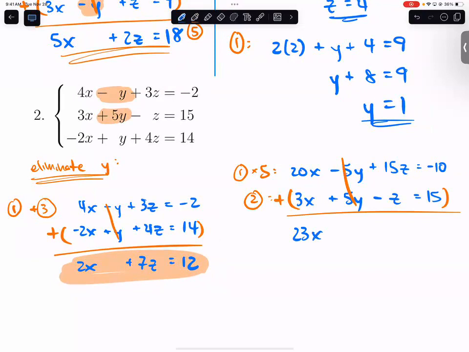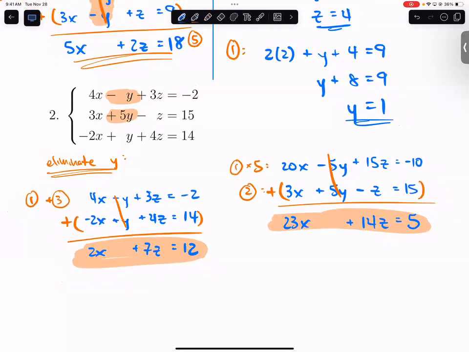I get 23x, 14z, and 5. So what I just learned is that 2x and 7z is 12, and 23x and 14z is 5.